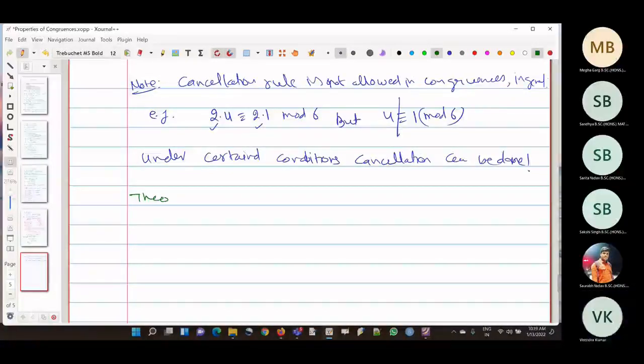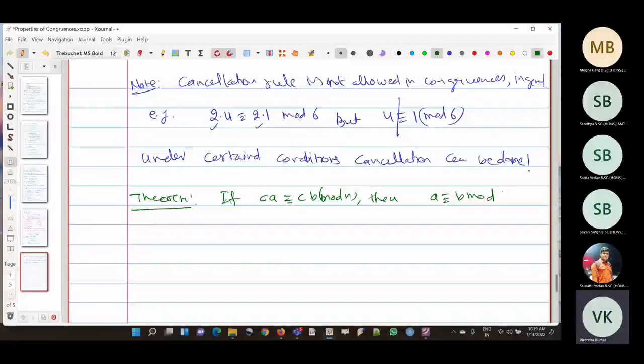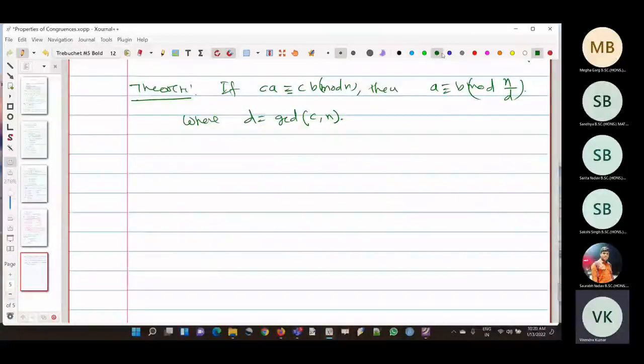This theorem says that if CA is congruent to CB modulo n, then A is congruent to B modulo n by D, where D is the greatest common divisor of C and n. So let us see the proof.